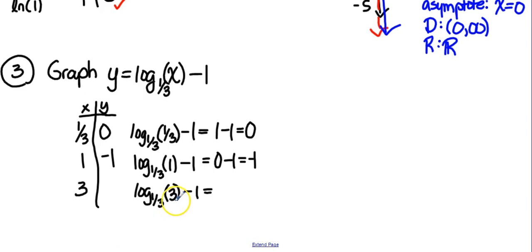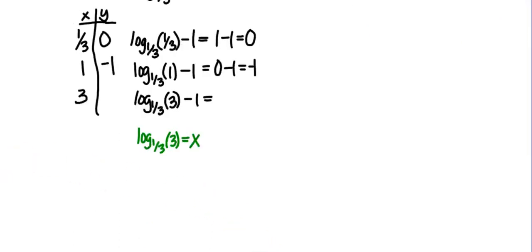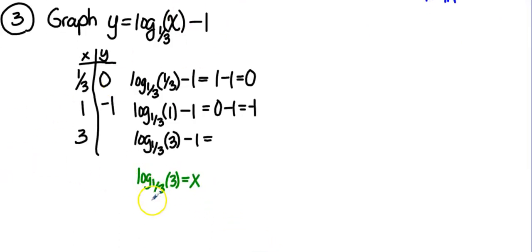Oh, I'm going to pause the video for just 1 second. And I'm back. I can't rewrite 3 with any kind of base that would help me make sense of this. So maybe I step back into my prior knowledge and I ask myself, log base 1/3 of 3 equals some number. But I'm trying to figure out what that number is. So I remember that I can take this and rewrite it as 1/3 to the x equals 3.